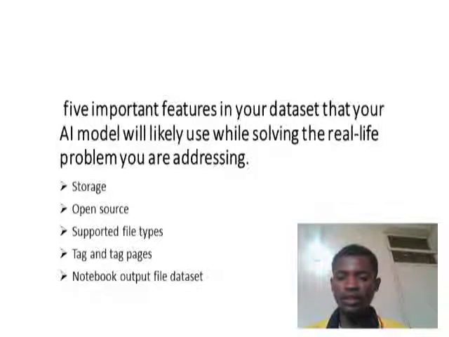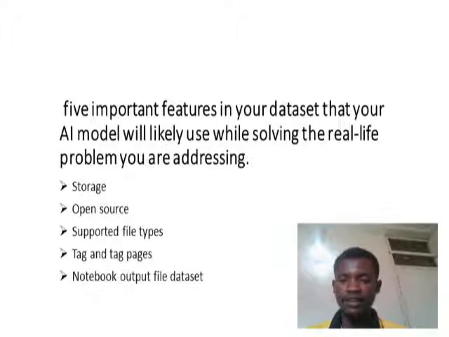Then open source, supported file types, tag pages and notebook output, file datasets. We are going to use all those kinds of datasets to make sure that our system is considered.